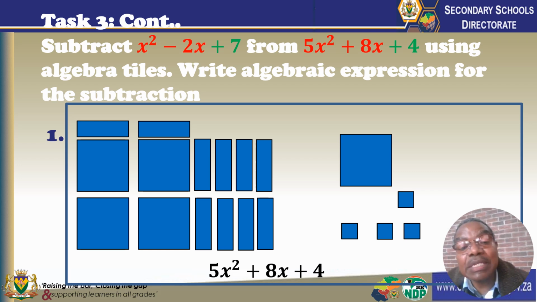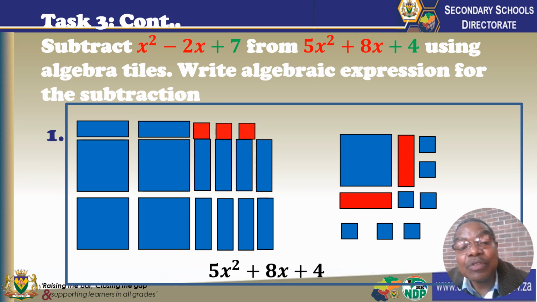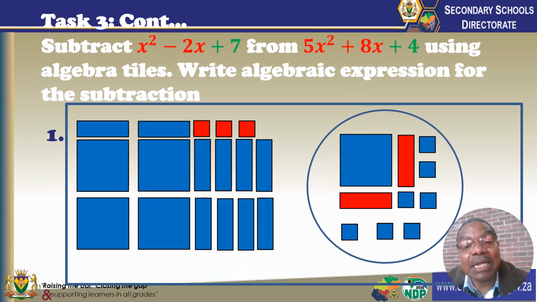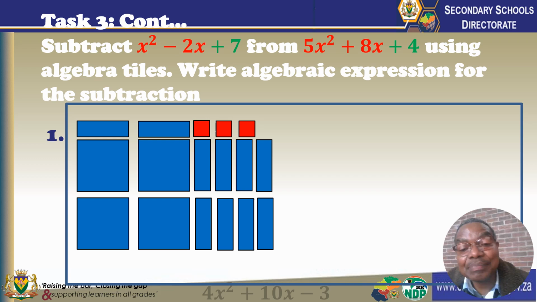This is 5x squared. Now we must take away x squared. Then we have minus 2x plus 7. This is the result you obtain at the end. The red ones mean we must take away. So all this must be taken away from x squared plus 2x plus 7. So our result will be 4x squared plus 10x minus 3.